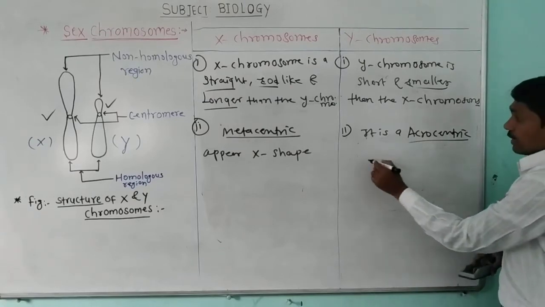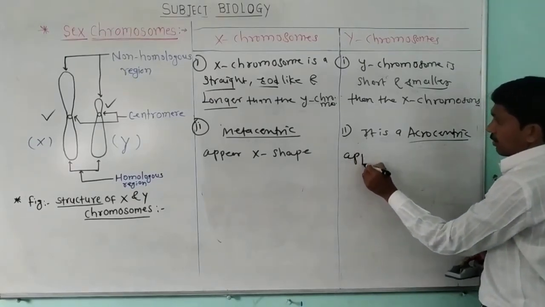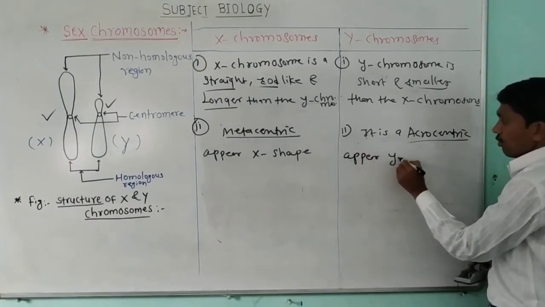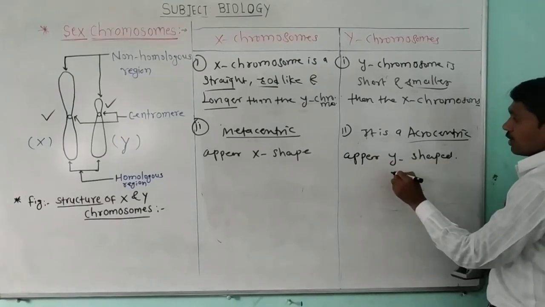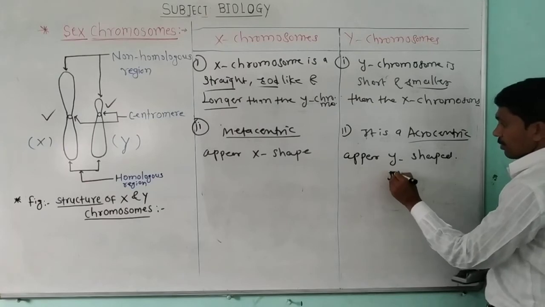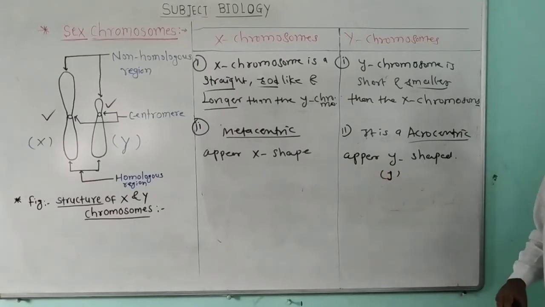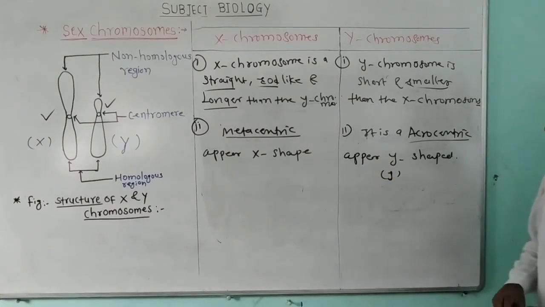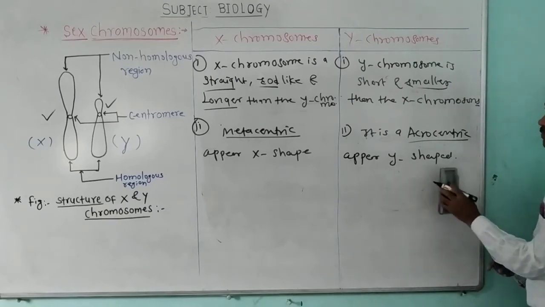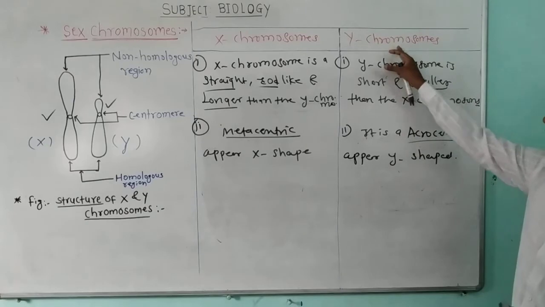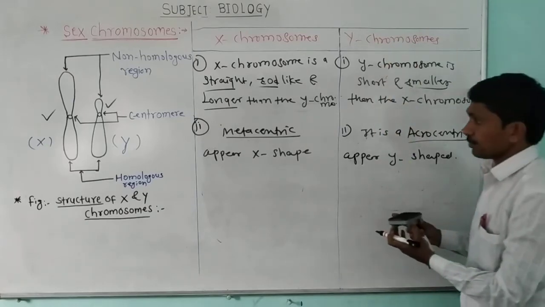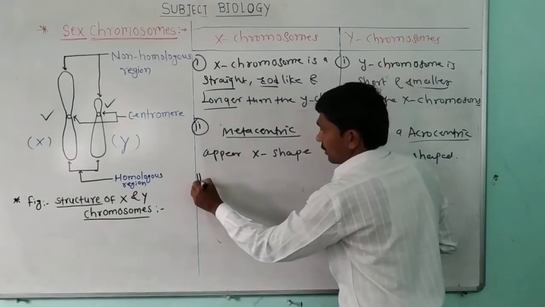So here it appears acrocentric, with a Y-shaped structure, also called a J-shape in the acrocentric chromosome. That is the Y chromosome.